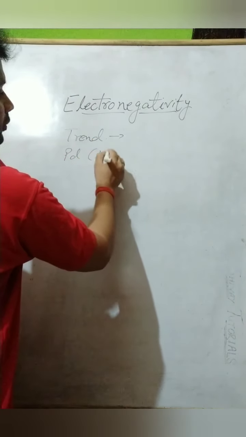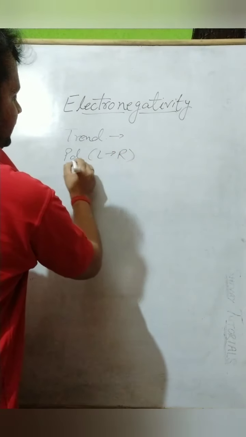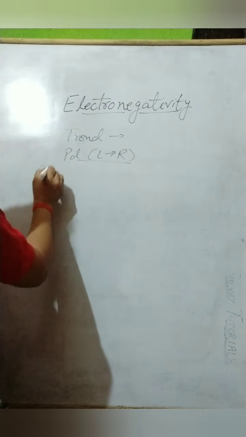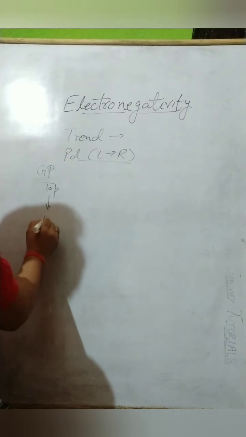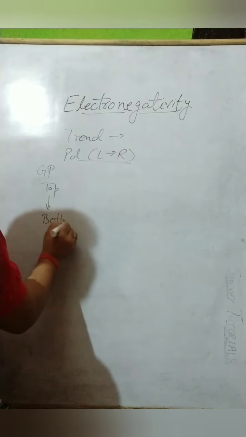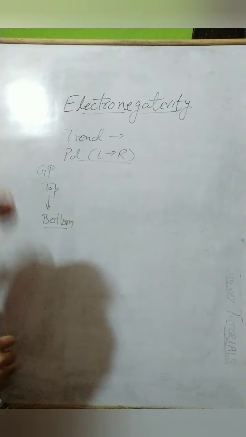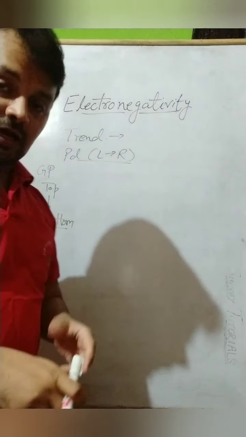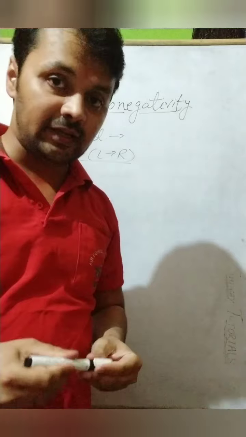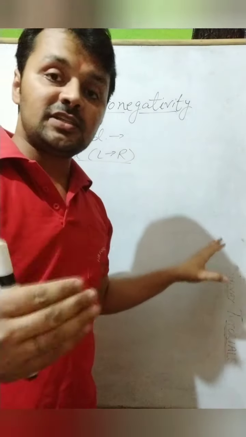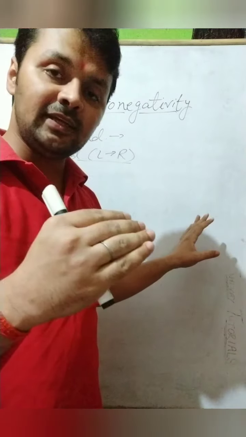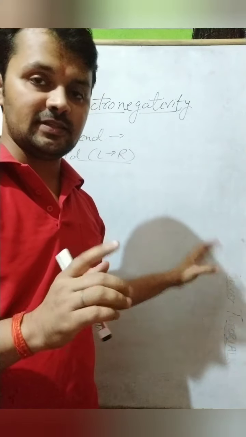In a period we go from left to right, and in a group we go from top to bottom. So what is going to happen with the electronegativity? Earlier we studied the factors which were affecting the electronegativity. There we studied that if the nuclear charge is the dominating factor and it is increasing, then electronegativity will increase.